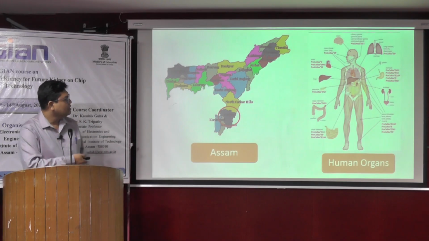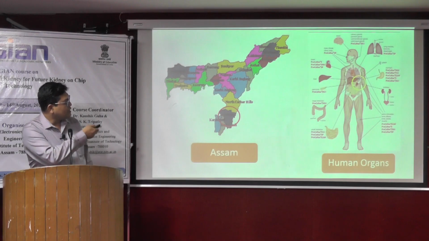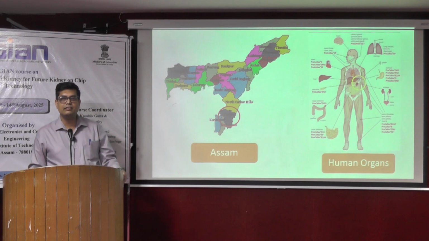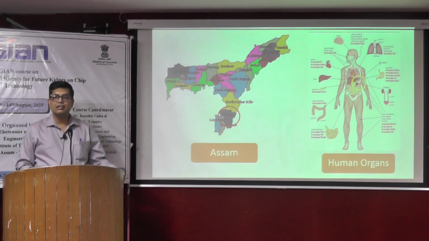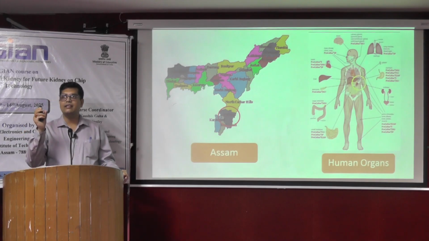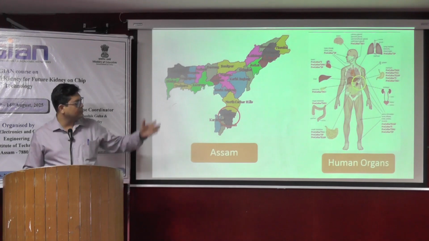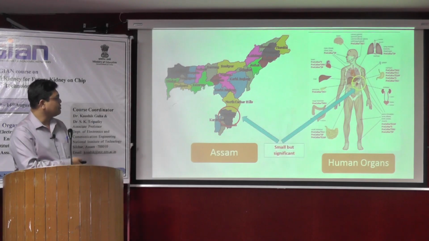Similarly, in the human body, if you want to locate the kidney, it is also a very small, tiny, bean-shaped organ. In the kidney there is nothing, I mean the space. The volume of the organ is very small compared with the whole human body. In that way we can make an analogy.